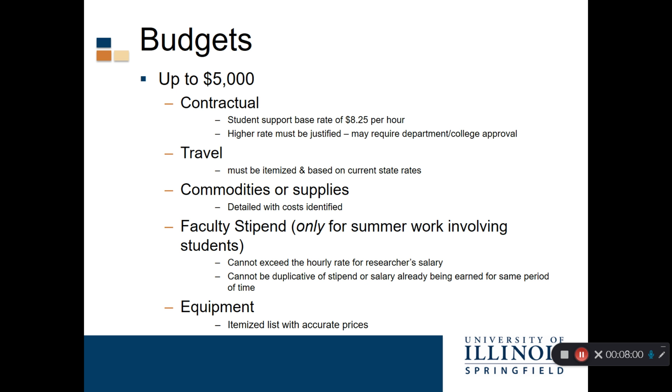You mentioned the summer faculty stipend should not exceed the hourly rate for the researcher salary. Could you just take our salary and divide by 2080, to get that hourly rate? You can check with Don on how to do that. It depends on if you're a 9-month contract or 10-month or 12-month.